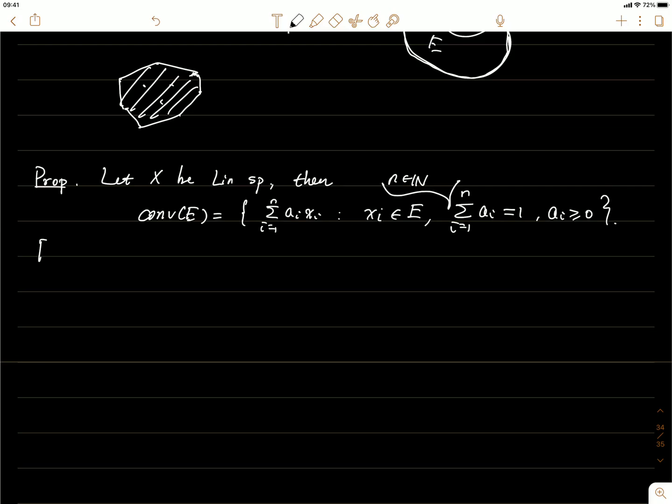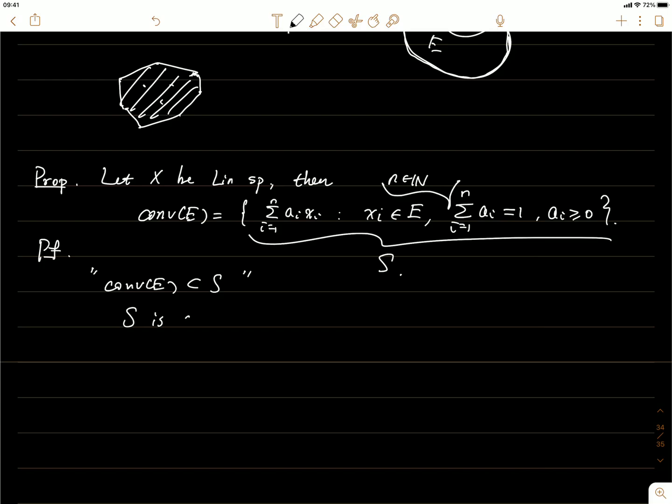I'll claim this, and to prove that is pretty straightforward. I call the right hand side S. The proof: I want to first show the convex hull of E is inside S. First of all, S itself is convex.